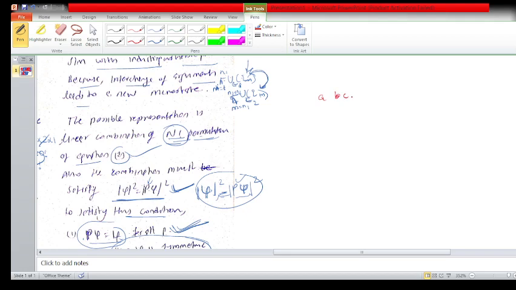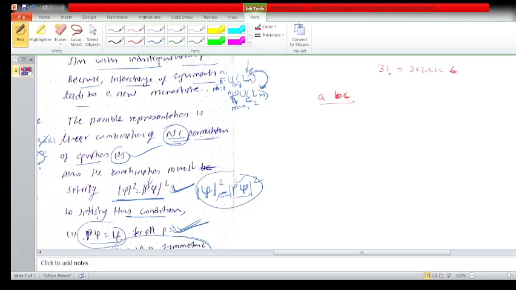The possible permutations number 3 factorial here, because we have 3 different particles A, B, C. So 3 factorial is 3 into 2 into 1, that is 6. So there are a total of 6 possibilities for permutation.